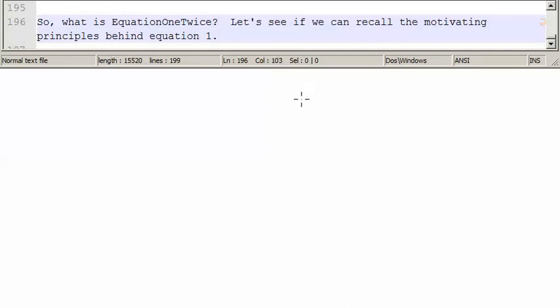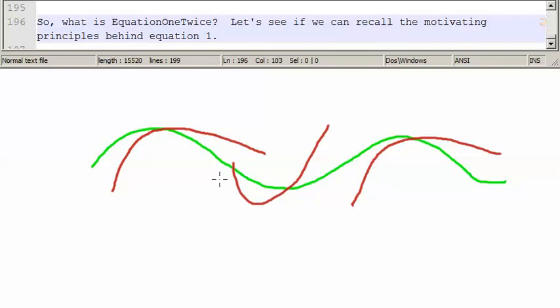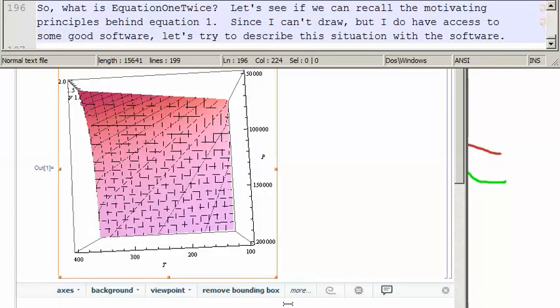Let's see if we can recall the motivating principles behind equation 1. We had kind of a hilly terrain, and that hilly terrain is in 2 dimensions. Let's see, I'll draw it like that. Since I can't draw, but I do have access to some good software, let's try to describe this situation with the software.